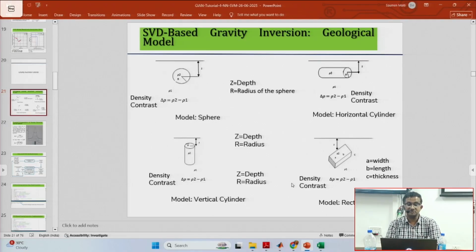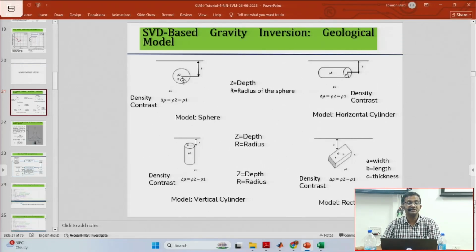So what actually these need is that the anomaly is recorded by the equipment, and in the inverse problem we start with that and need to find out the density contrast, which is actually one of the factors causing the anomaly, and the depth and the size.